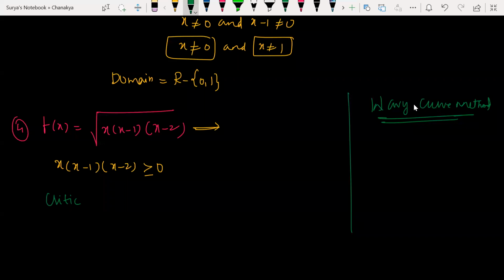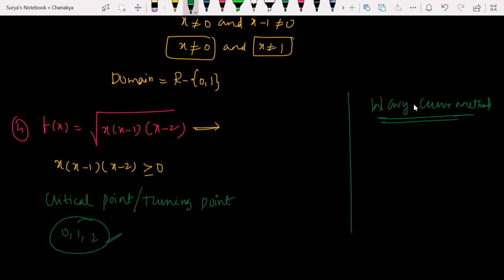Turning point. Guys, a critical point is nothing but where your function becomes 0. If you substitute a point, the function becomes 0. What point, if you substitute, makes the expression 0? Look here: 0, 1, 2. These are my critical points now.